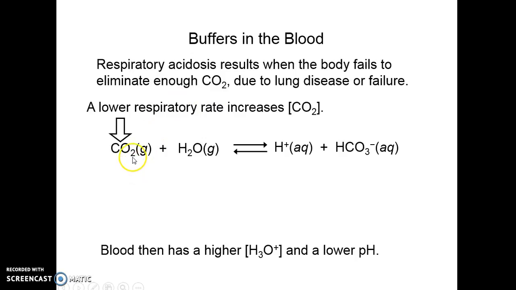If your carbon dioxide levels build up, what happens? You're going to make more protons and more bicarbonate. The proton concentration goes up, and you're going to get an acidic pH in your bloodstream, which can be dangerous.